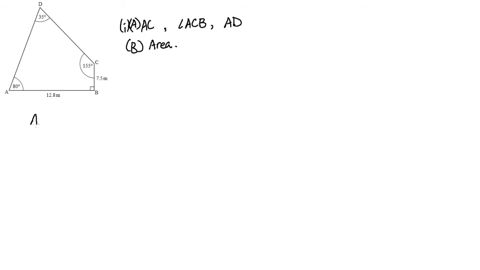So AC squared is equal to 7.5 squared plus 12.8 squared, which means that AC is, put it in your calculator, make sure to square root, and you get 14.83543 or 14.8.